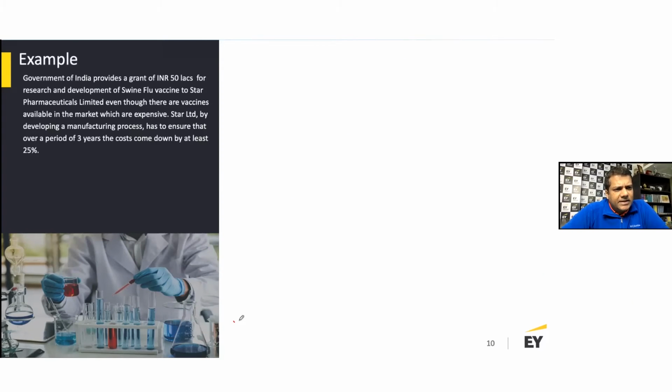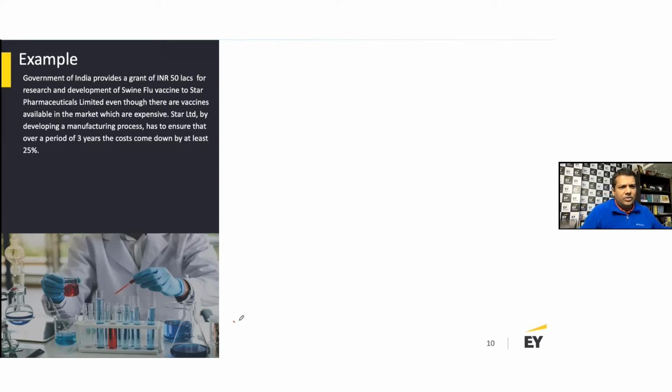This example suggests that the Government of India provides a grant of INR 50 lakhs for research and development of swine flu vaccine to Star Pharmaceutical Limited, even though there are vaccines available in the market which are expensive.